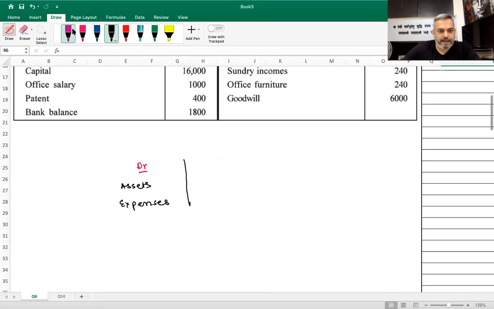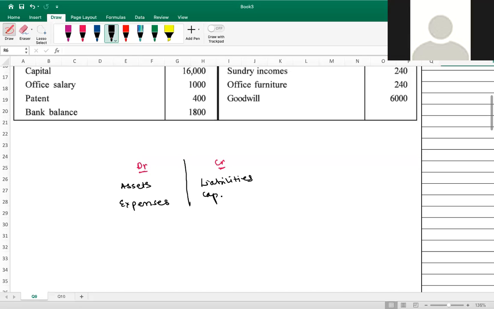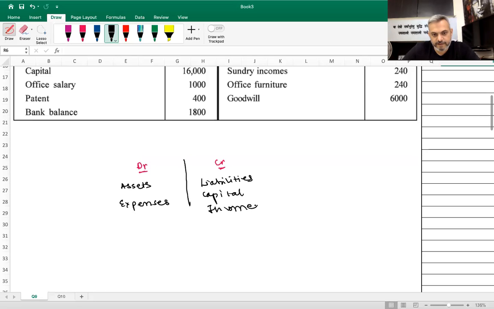On the credit side, what will come? Liabilities will come, capital will come, and income will come. So all these accounts will be either debit if it is an asset or expense, credit if it's a liability, capital or income.